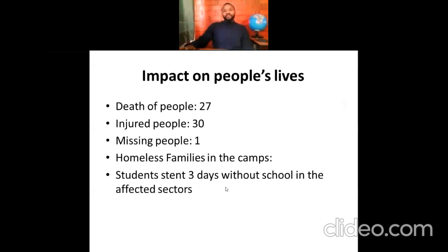So a summary about impact on people's life: 27 people died, 30 were injured, 1 was missing. Homeless families were very many, and they were put in the camps. And students spent 3 days without school in the affected area.